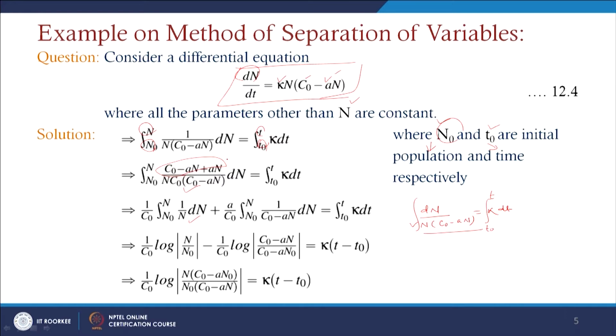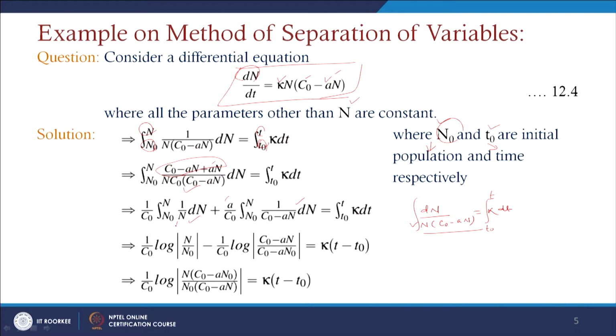Next term, aN/(N C0 (C0 - aN)): N will be cancelled out, 1/C0 is taken out, and a is taken out, giving the integral from N0 to N of 1/(C0 - aN) dN. This is a very easy manipulation of things, so you can easily get this, and then the integral from t0 to t of k dt.